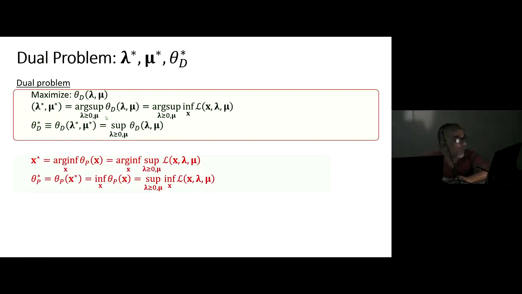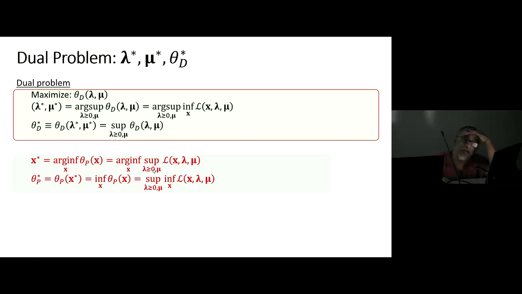Now here's what we have. x star is the arg inf of theta_p(x), so we are doing the minimization with respect to x of the maximum with respect to the duals. This is the Lagrangian.